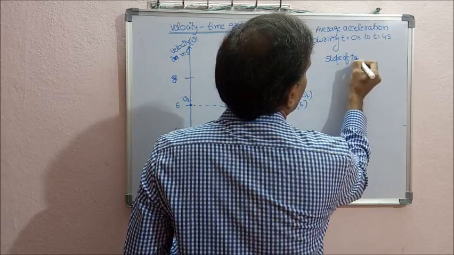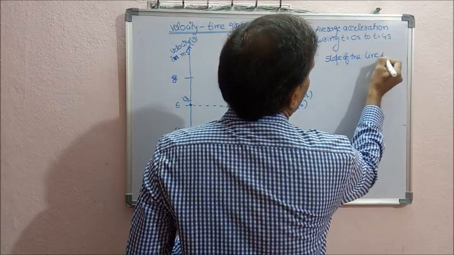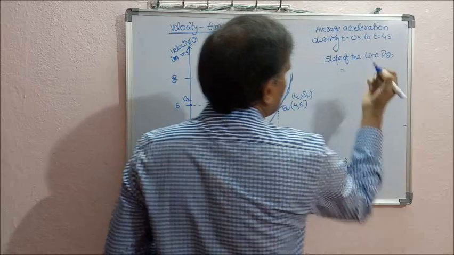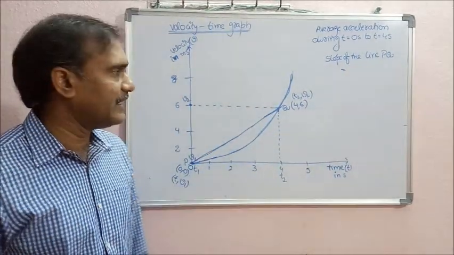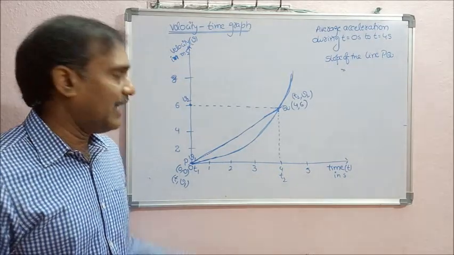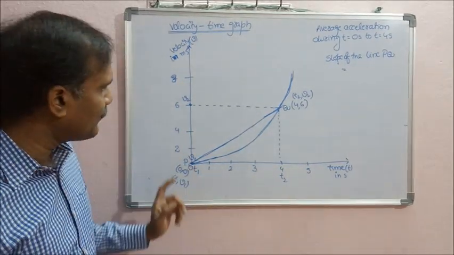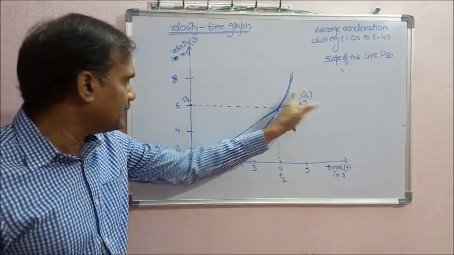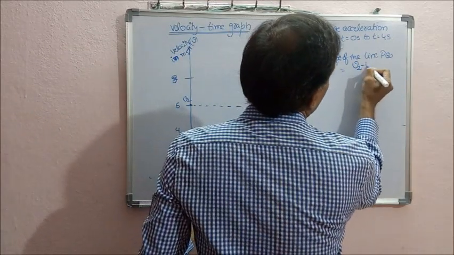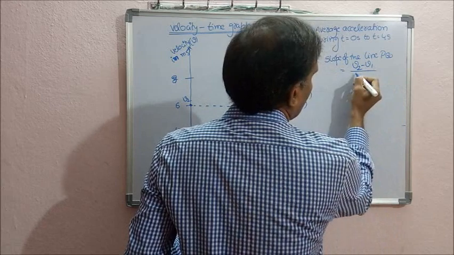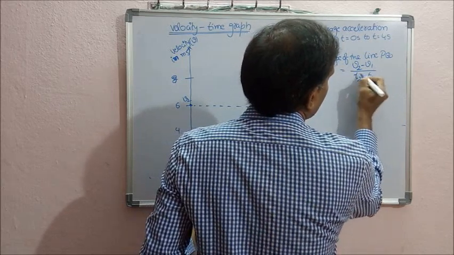Slope of the line PQ is equal to change in y coordinates divided by change in x coordinates. Change in y coordinates, V2 minus V1, divided by change in x coordinates, T2 minus T1.